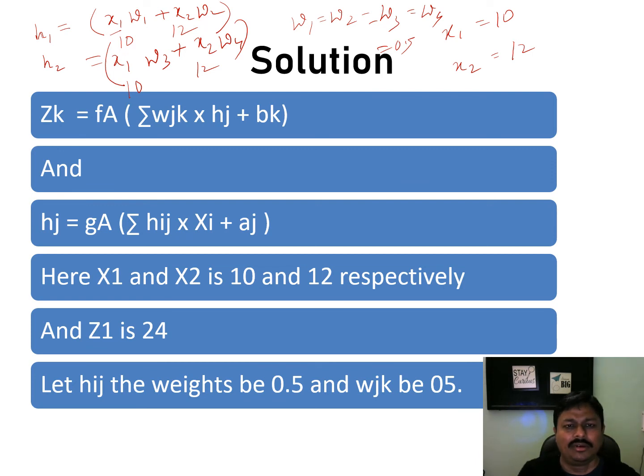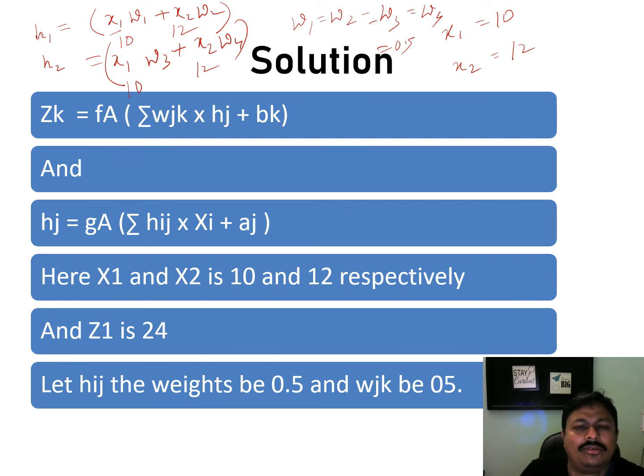If this is 0.5, then 10 into 0.5, how much is that? Can you say? 10 into 0.5 is 5, and 12 into 0.5 is 6, right?